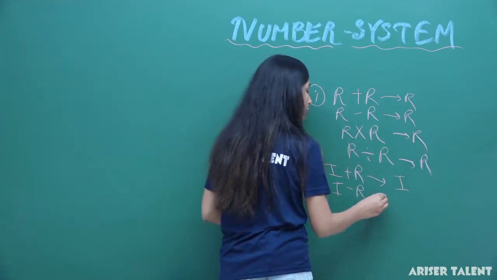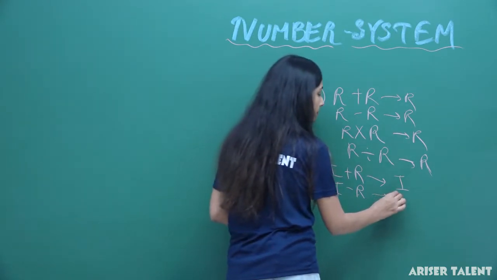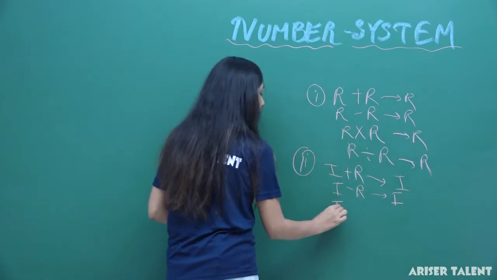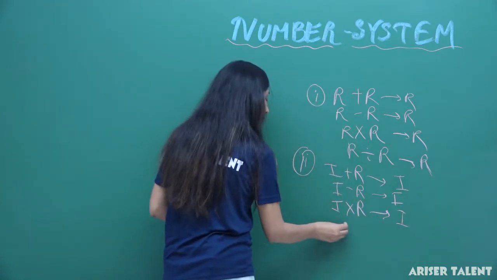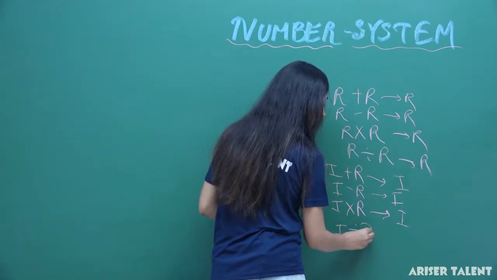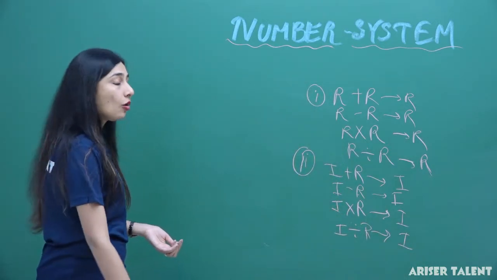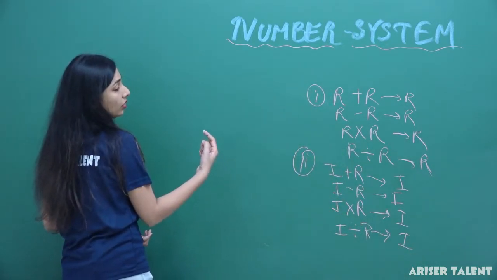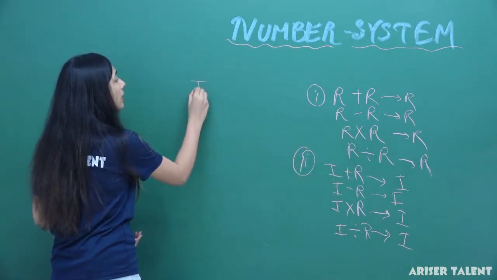Rational minus irrational is what? Irrational. Irrational multiplied by rational is what? Irrational. Irrational divided by rational is what? Irrational.